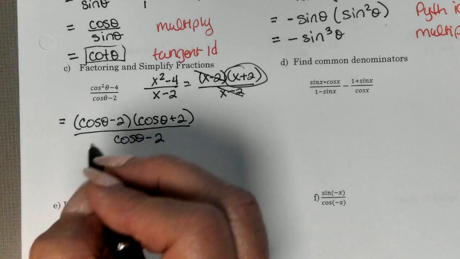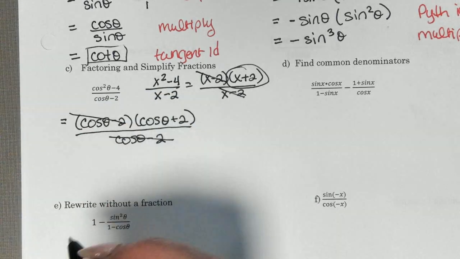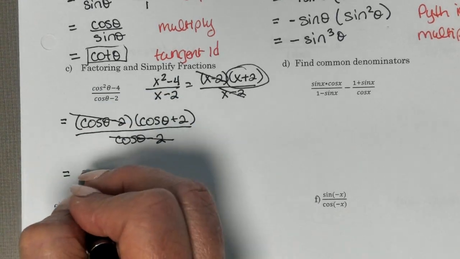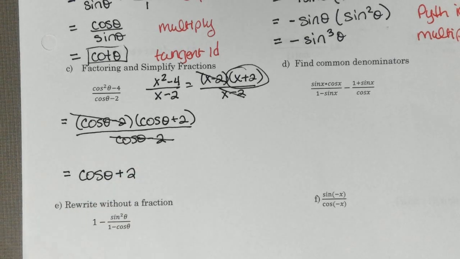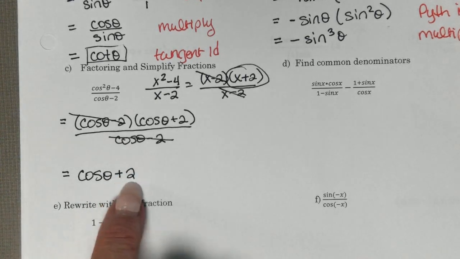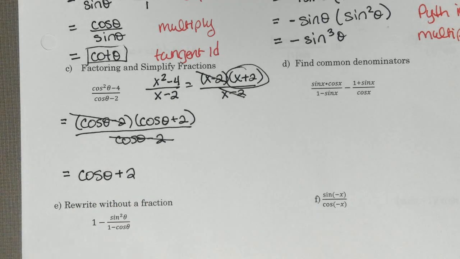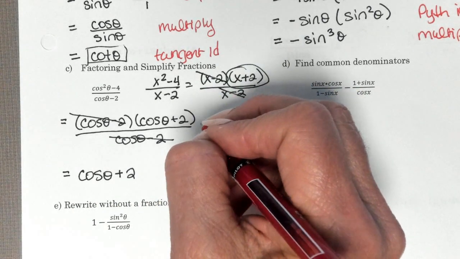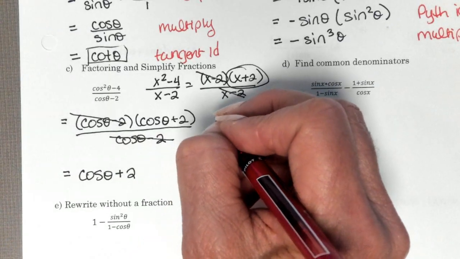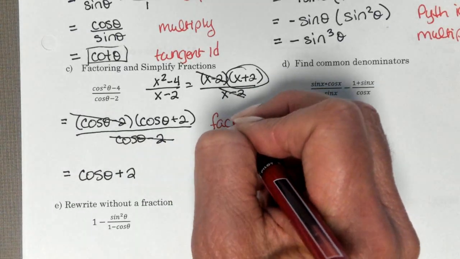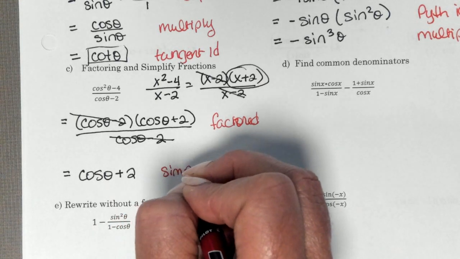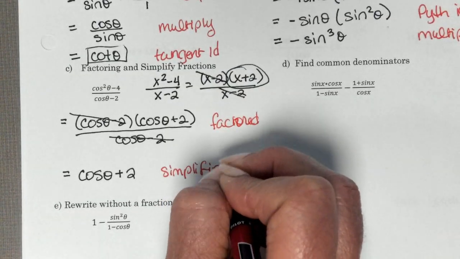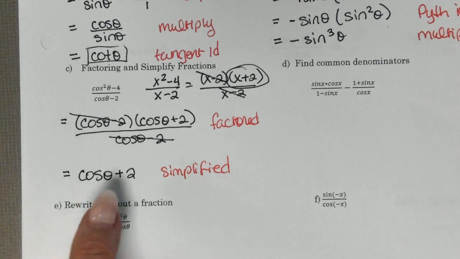I'm going to factor out my common factor, and that's going to leave me with cosine theta plus 2. Now, I do have two terms, but unfortunately that's as simple as I can get it. So what we have here at the top is we factored, and then we simplified. And we're done.